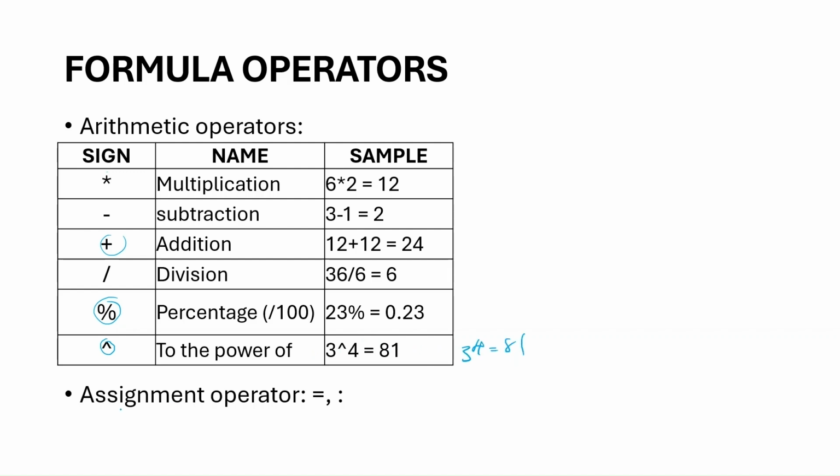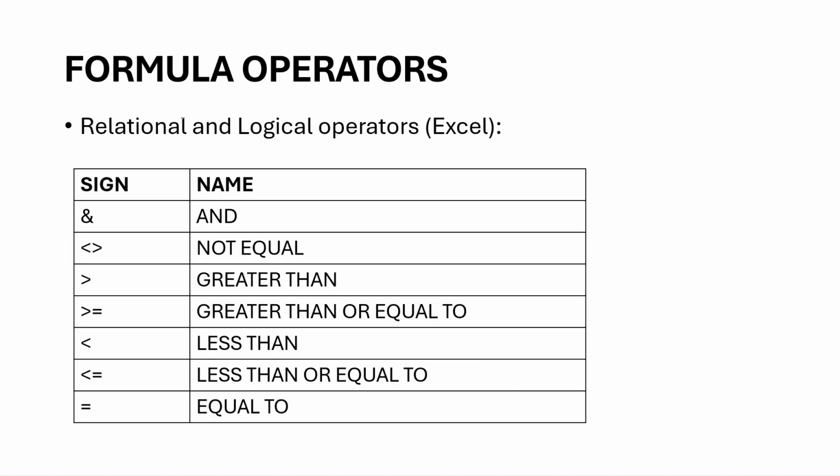And then here are the assignment operators. We have equals, which is used for starting any formula or function in Excel to assign that to a cell. And then this colon here, which is used for range assignments. And here we have the relational and logical operators in Excel.